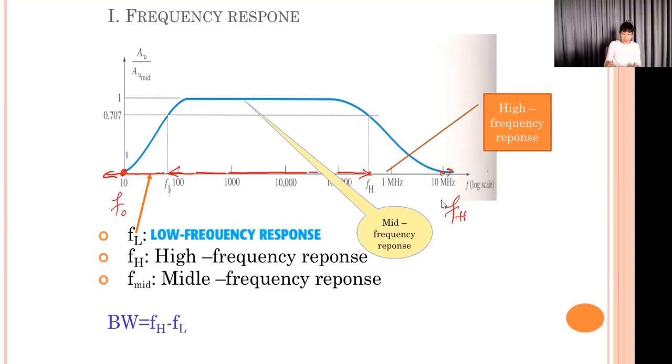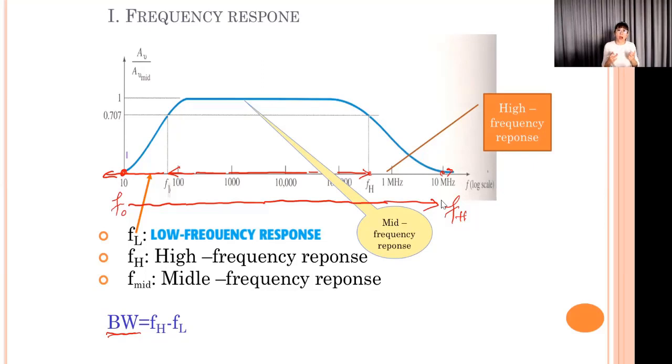What is the whole band pass? It is from F0 to F high. This is the bandwidth, and this is significant for every signal amplifier.